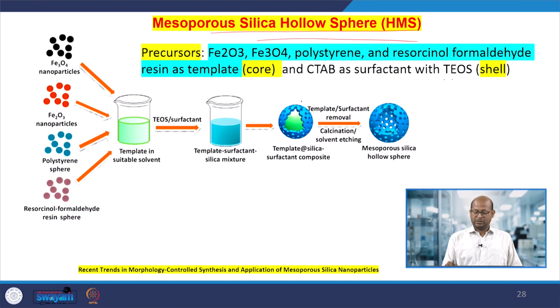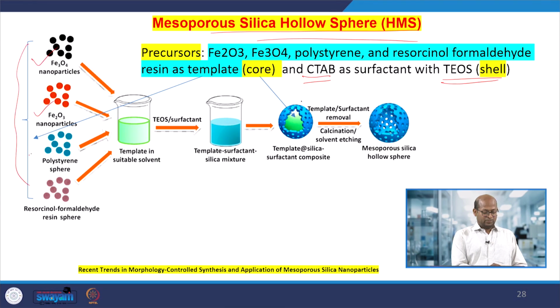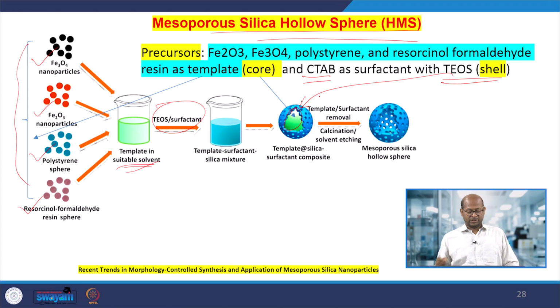Here also TEOS is used as a precursor, and metal oxides, polystyrene spheres or RF resins we can also take as template material. We take the template in a suitable solvent, and after that surfactants are used, and it is distributed. Whatever template you have taken remains inside the cores, and the tetraethyl orthosilicate remains outside as the shell.